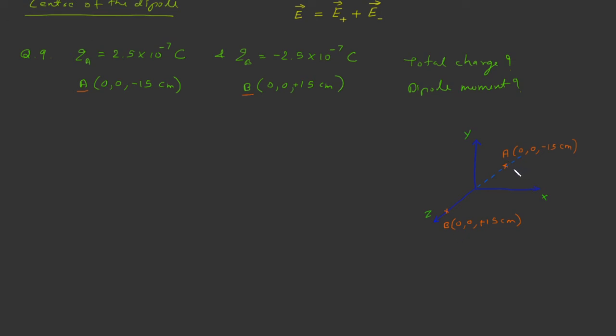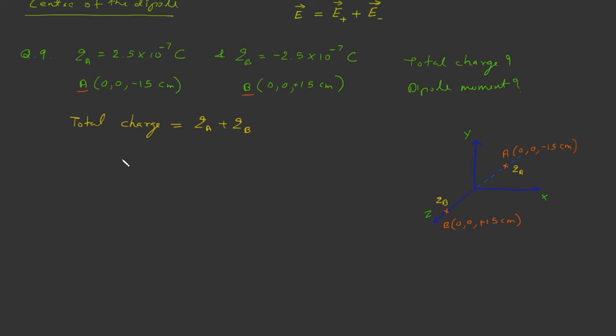At point A, we are having charge QA, and at point B, we are having charge QB. So they are separated by a distance. So this is a case of electric dipole. Now we are going to calculate total charge. We know total charge is the sum of the charges, that is QA plus QB.